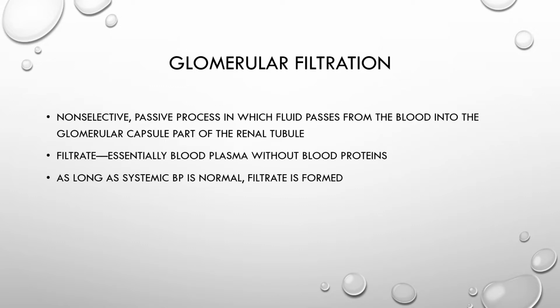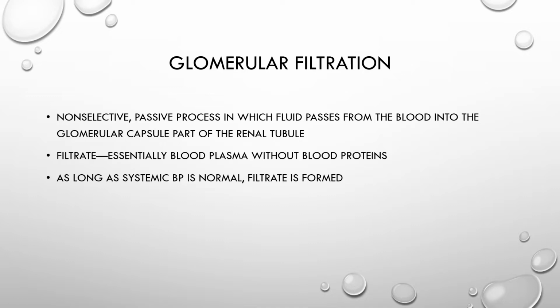Glomerular filtration. Can you tell I've been practicing that word? So we know the glomerulus acts as a filter. Glomerular filtration is a non-selective passive process in which fluid passes from the blood into the glomerular capsule, part of the renal tubule. Once in the capsule, the fluid is called filtrate, which is essentially blood plasma without blood proteins.